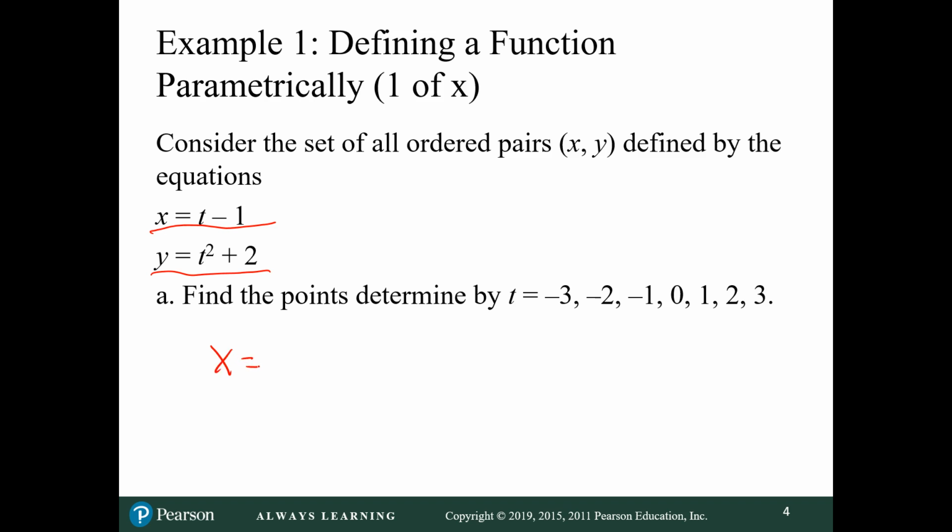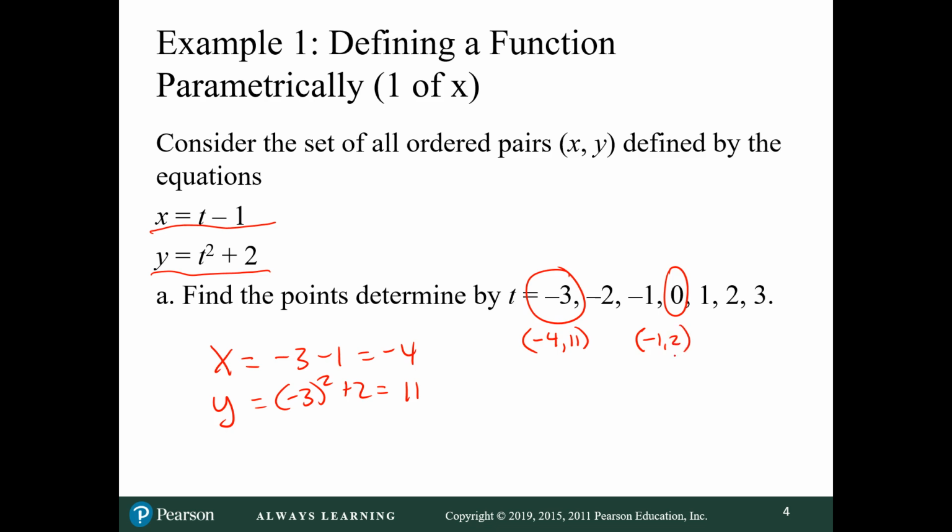So x at negative 3 would equal negative 3 minus 1, which is negative 4. y at negative 3 would be negative 3 squared plus 2, which is 9 plus 2, or 11. So at the parameter of negative 3, you'd have the ordered pair negative 4, 11. At the parameter of 0, you'd have the ordered pair of negative 1, 2.